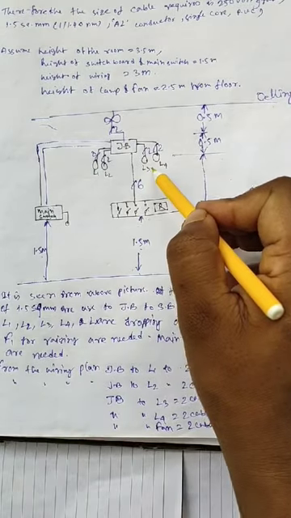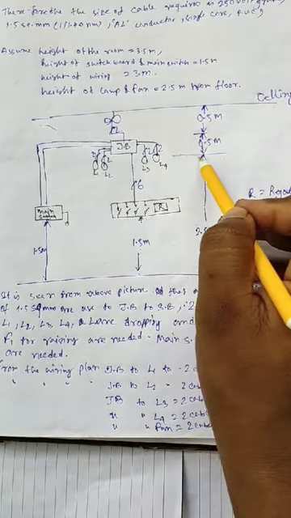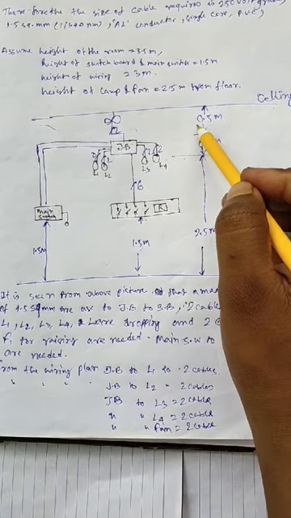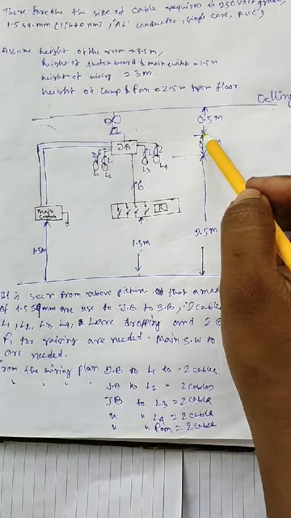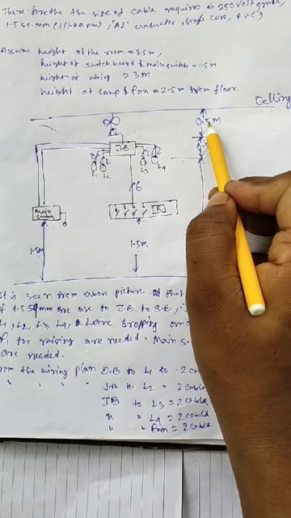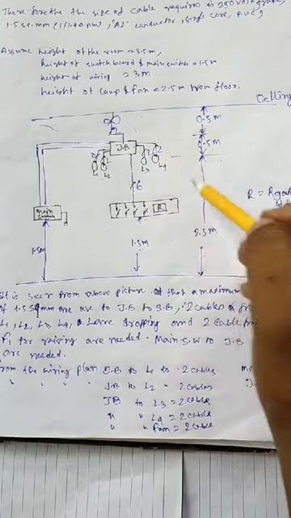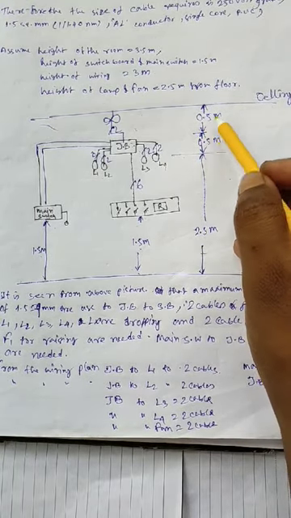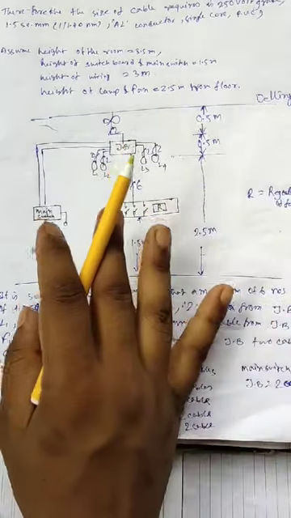Here the lamp is hanging, and the fan is hanging 0.5 meter below the ceiling. Junction box to ceiling is 0.5 plus 0.5, 1 meter. The junction box is 2.5 meter, total is 3.5 meter. Okay, this is the side view.